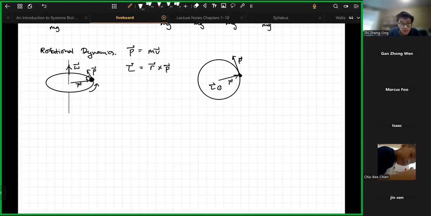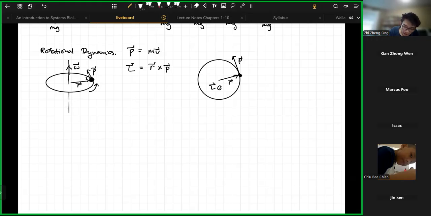So that's the fundamental building block of angular dynamics. And then there's also a Newton's second law variant.